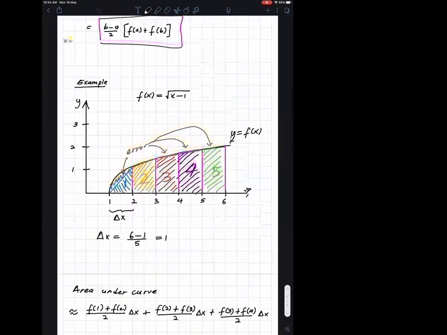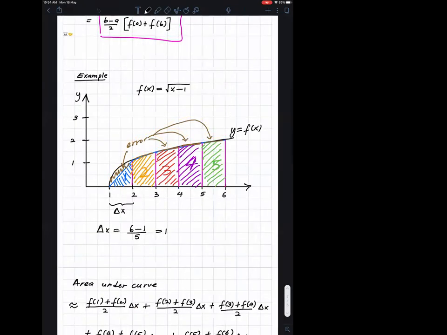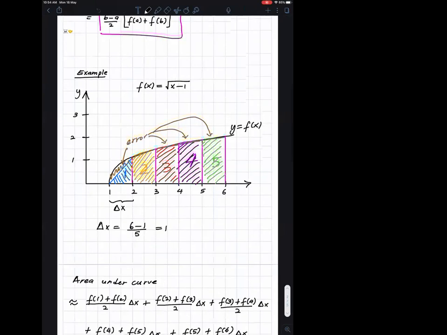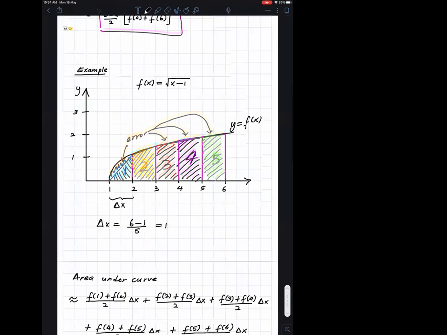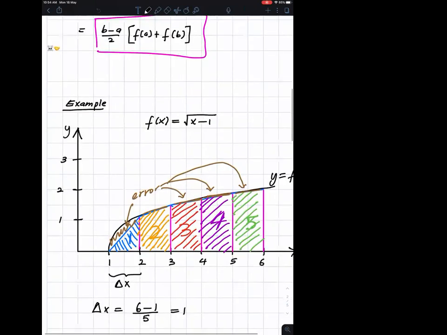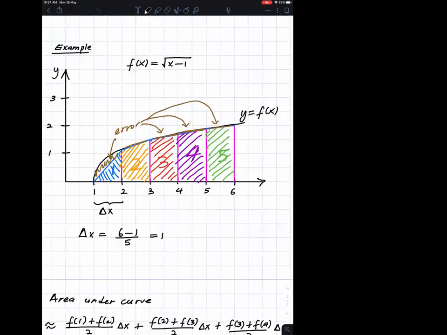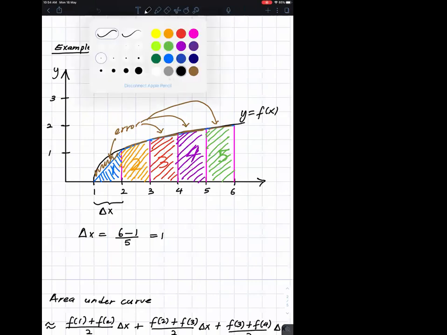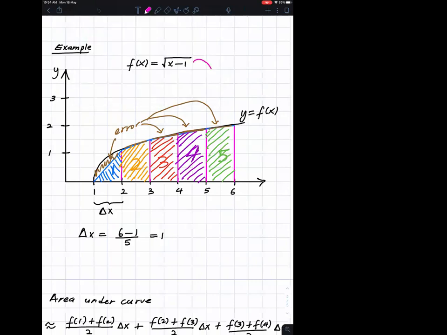For the trapezoidal rule, right? We derive the formula, and this is the formula. And then I showed you how you can apply this formula to find the area under the curve. The integral is the same as finding the area under the curve. So this is the curve, and you're finding the area under the curve.